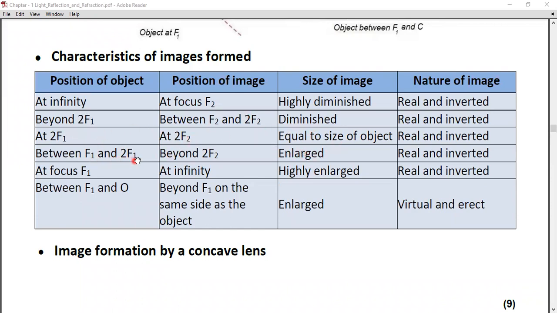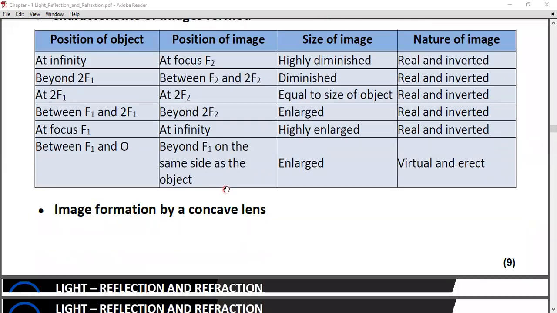And at F1 and beyond 2F1, enlarged. At focus F1, the image is at infinity, highly enlarged. Between F1 and O, enlarged, virtual and erect. And just like, guys, in the first 5 cases magnification comes out to be negative, but this is the 6th case where magnification comes out to be positive. So this tabular form is exactly comparable to the image formation for the concave mirror.